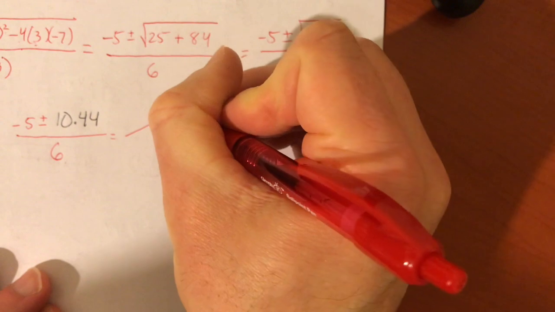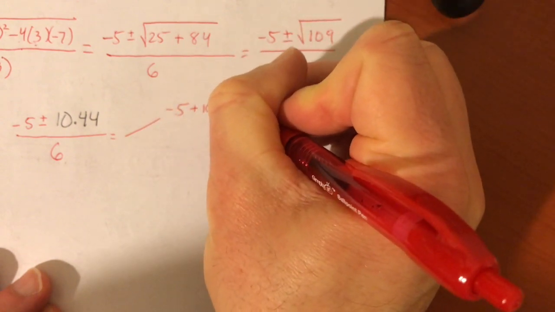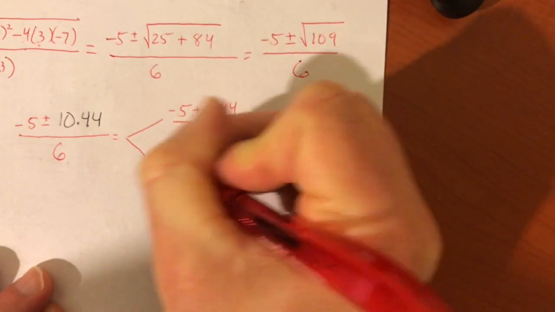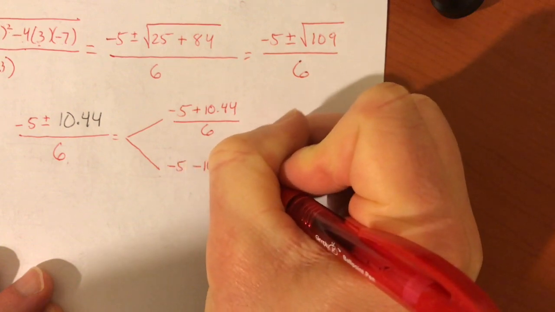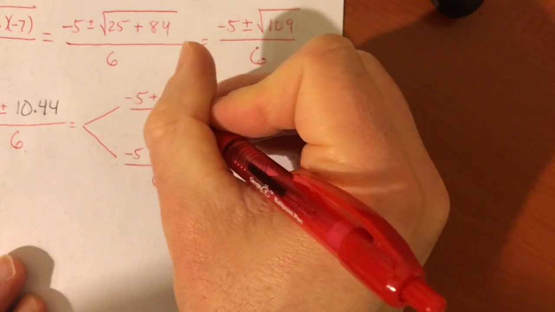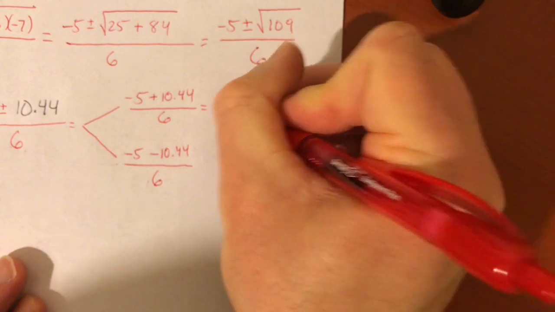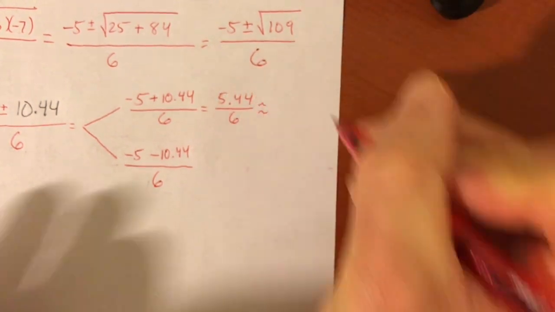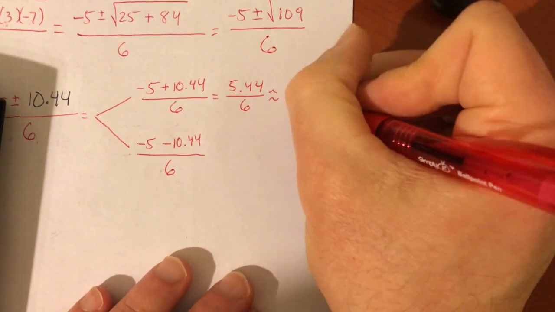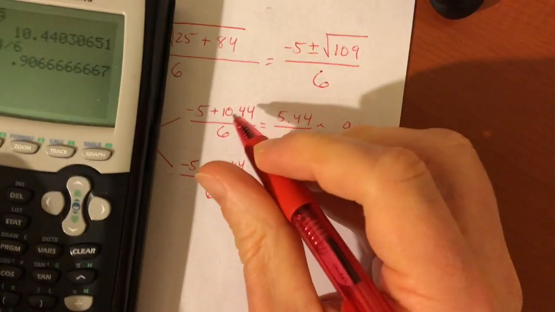That's really two separate answers. It's negative 5 plus 10.44, all divided by 6. And it's negative 5 minus 10.44, all divided by 6. 10.44 minus 5 is 5.44, all divided by 6. And that is going to give you about 0.91 if you round to the nearest hundredth.